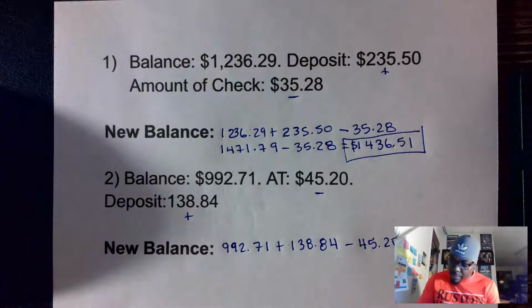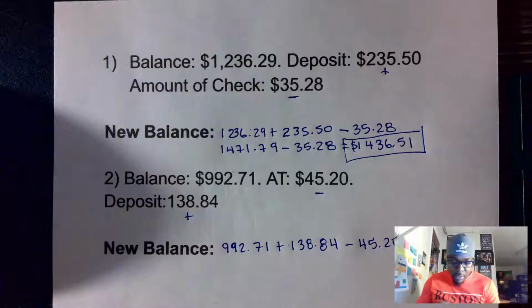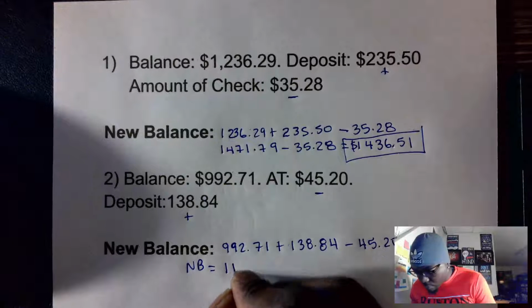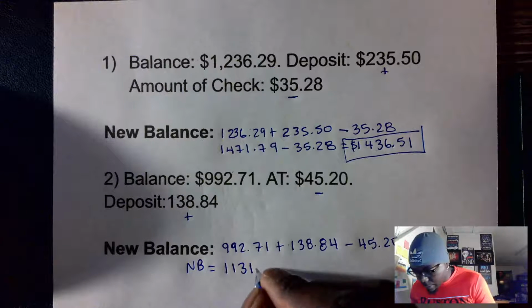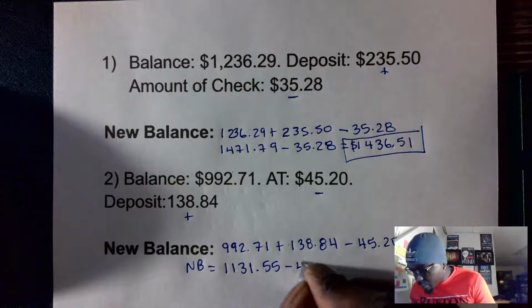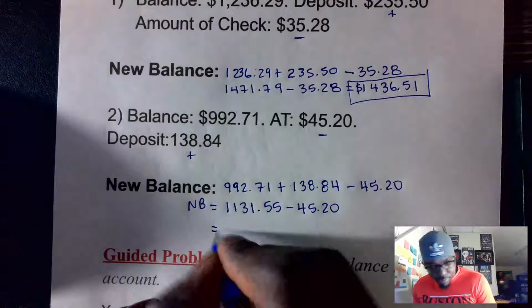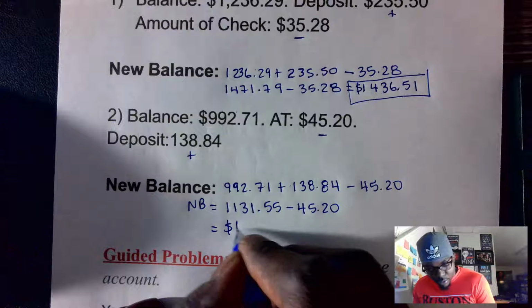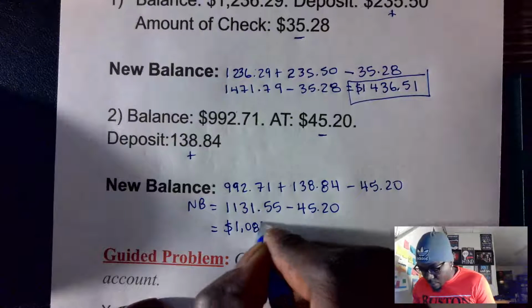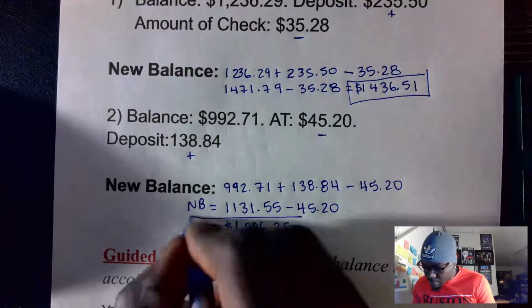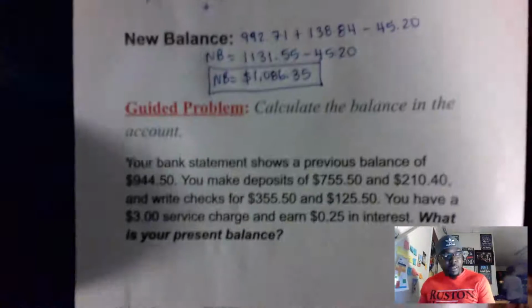Again, if I add 992.71 plus 138.84, it's going to give me a total of 1,131.55 minus 45.20, and this is going to give me a total of 1,086.35. And this is my new balance. Box my answer.